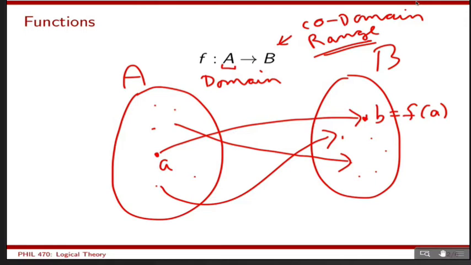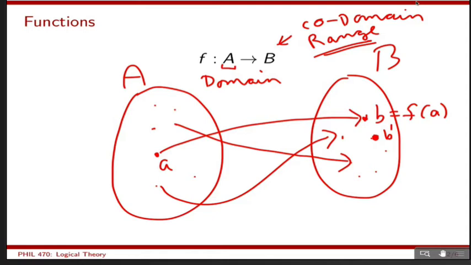Now, it very well may be that not necessarily all of the elements of A are associated with an element of B. And similarly, it might be that there are some elements of B that are not the outcome of applying f to any of the elements of A. So there might be some element here, say b prime, that is not associated via this function f with any element in A. In that case, b prime would be an element of the codomain, but not an element of the range.